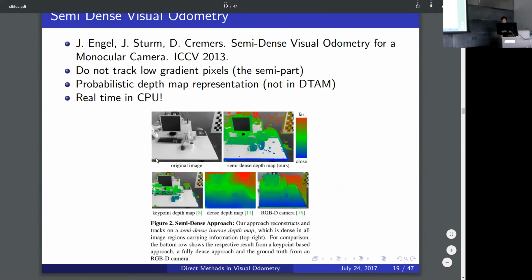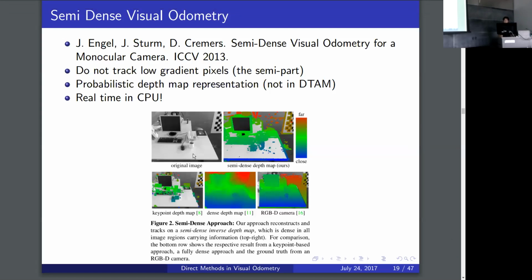avoid tracking pixels that have a low intensity gradient. By low intensity gradient, take the table for example. The table, if you traverse from left to right, has a low intensity pixel gradient because it's mostly white. And so from a search perspective, it's harder to search for, since pixels are the same along the epipolar line.